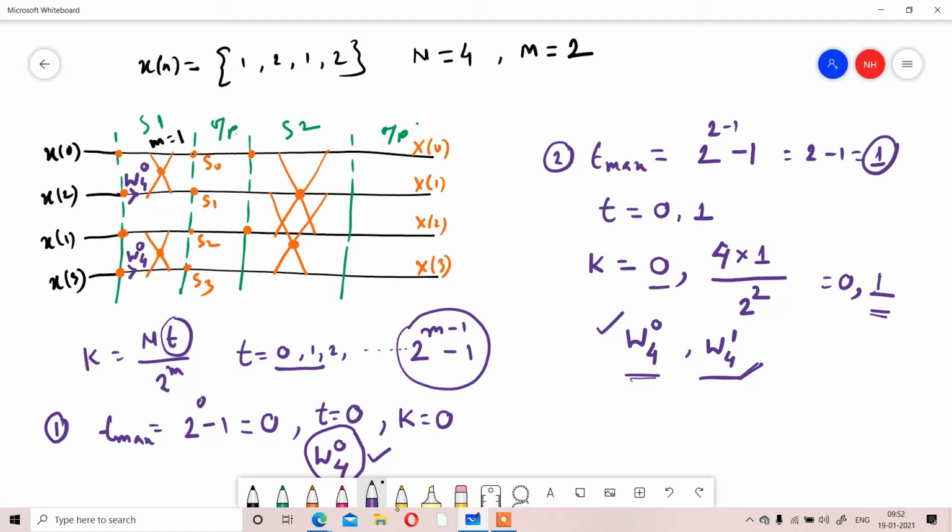In stage 2 you have only one set of butterfly, and each set contains two butterflies. So the set will start with W4 to the power 0 and end at W4 to the power 1. So those are the W values we need to put, and you have to calculate the values of W. So up to that, clear?